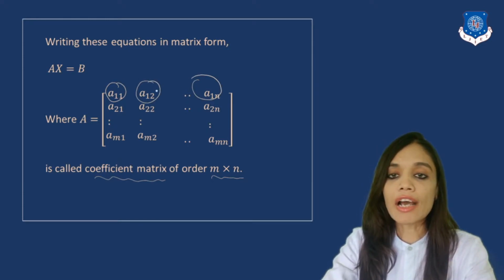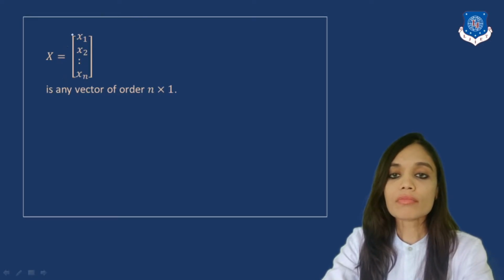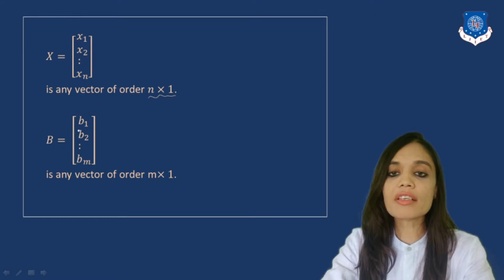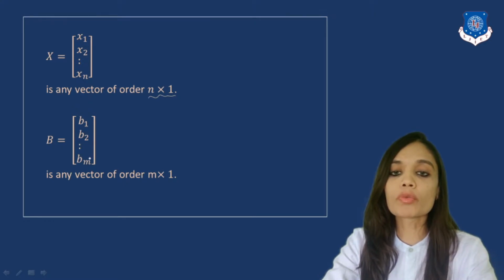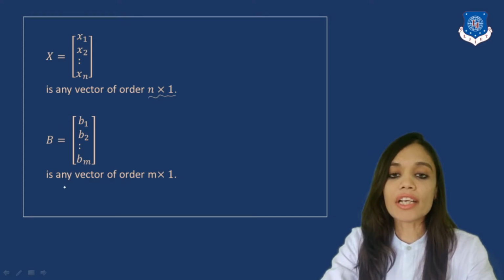Now x is equal to x1, x2 up to xn, which is a vector of order n cross 1, and b is equal to b1, b2 up to bn. These are all constants, and it is a vector of order n cross 1.